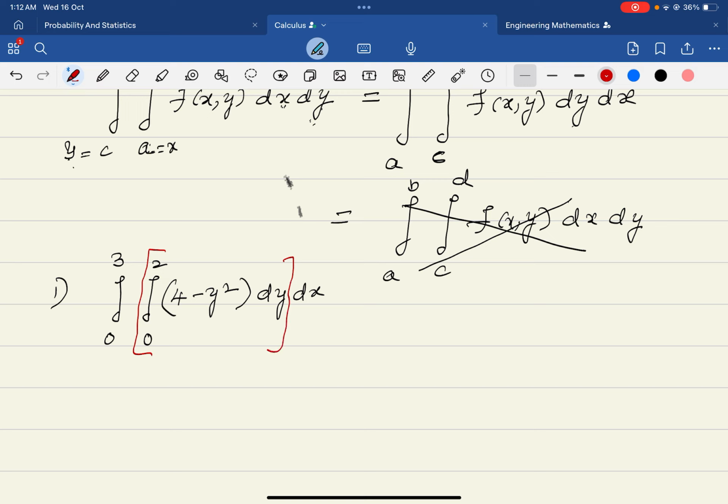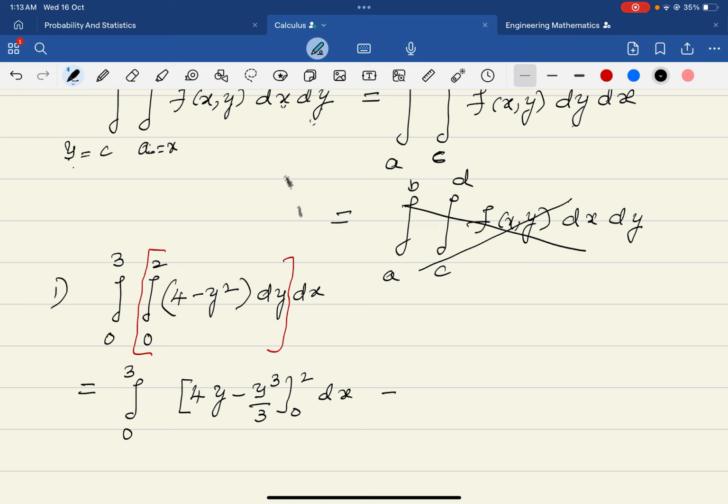So now you will understand that the limits of y are from 0 to 2. Now solve the integral with respect to y. The integral of 4 dy is 4y, and the integral of y square becomes y cube by 3, within the limits 0 to 2, with dx outside.